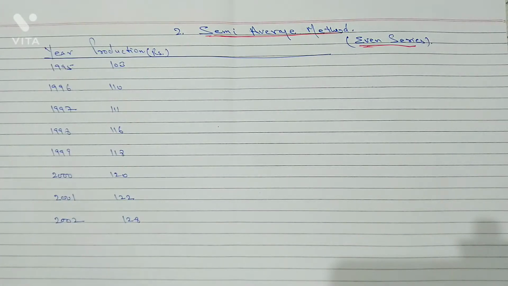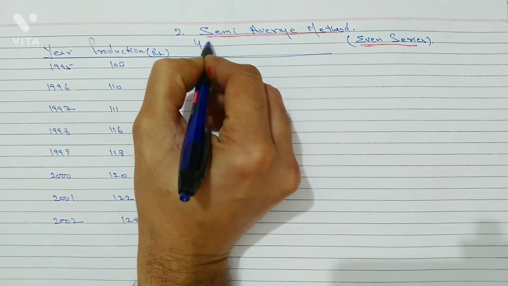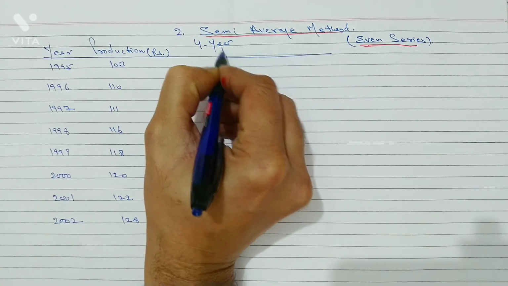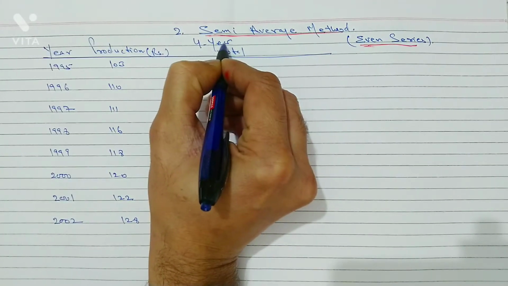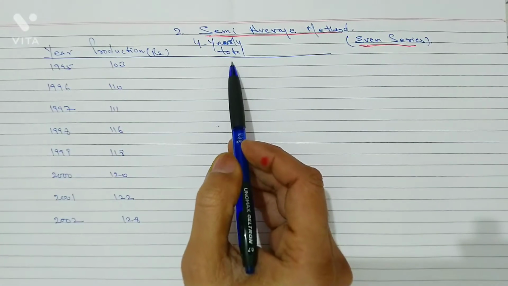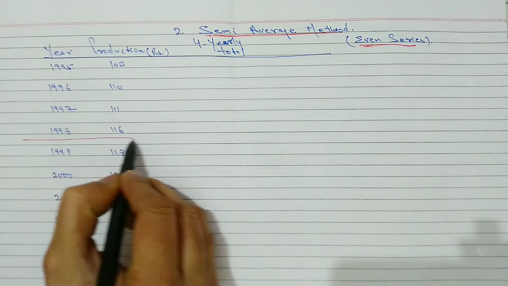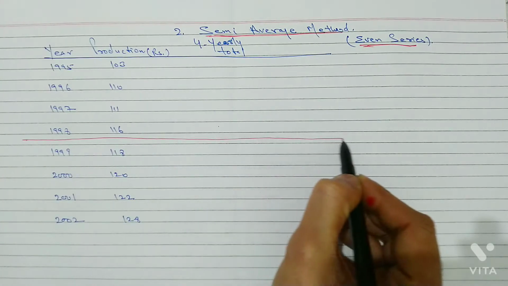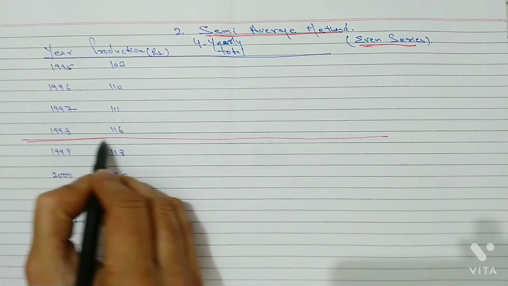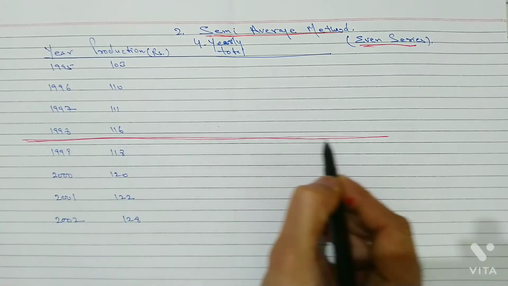Now find the 4 yearly totals. Semi-average means first divide the series into halves, then find the average.